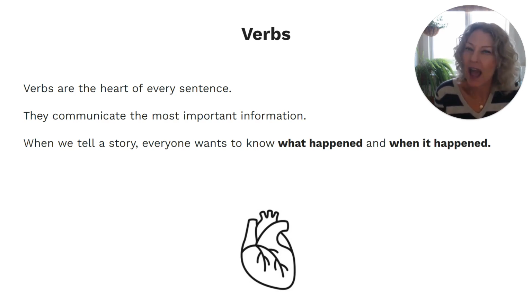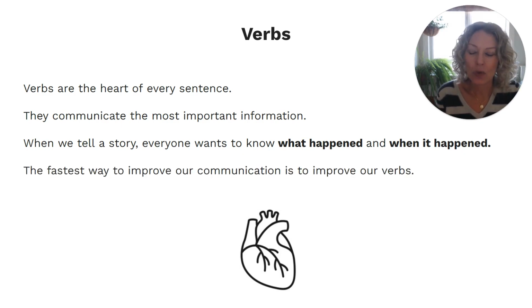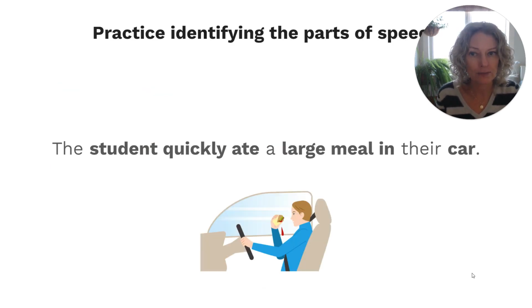If you don't have an action, you don't really have a story. So the fastest way to improve our communication is to improve our verbs, because they are what drive every story. So if you improve your tenses, if you improve your vocabulary to include more verbs, then that's going to go a long way to improving your language abilities.